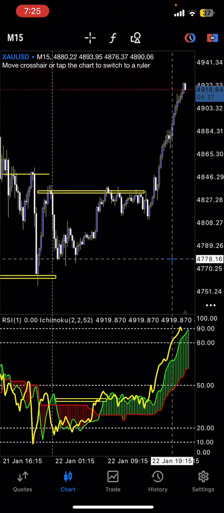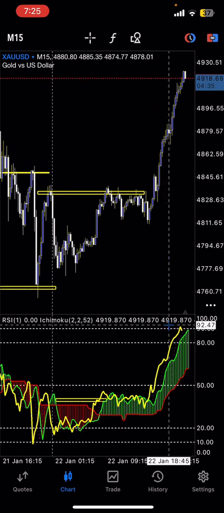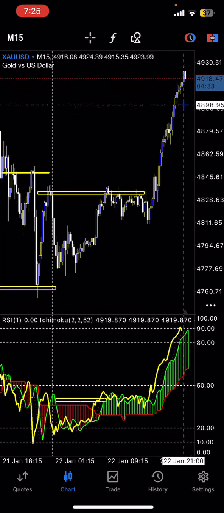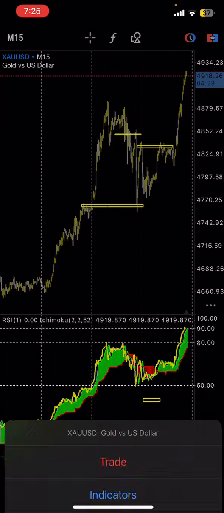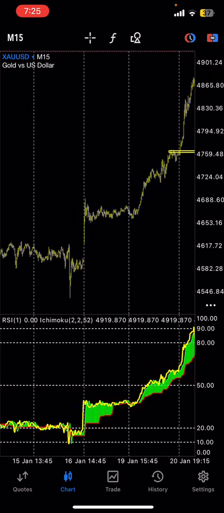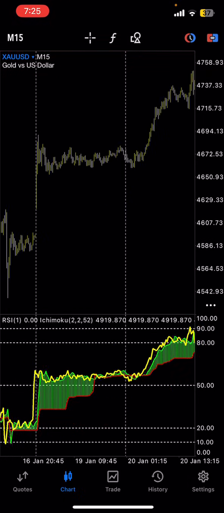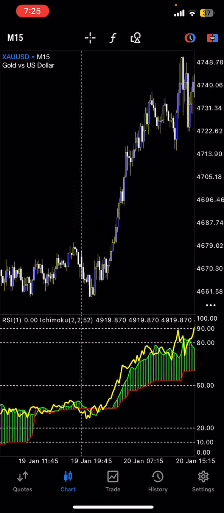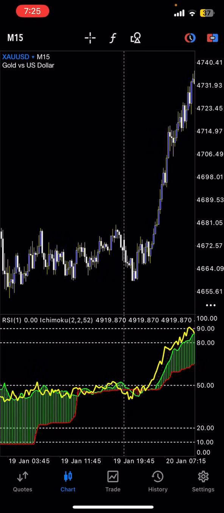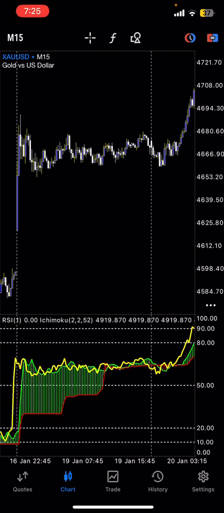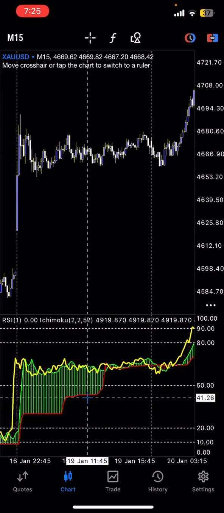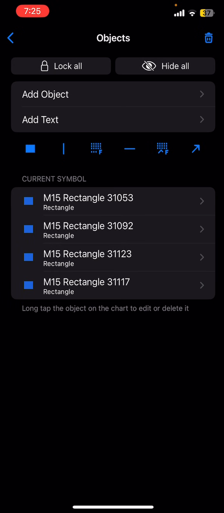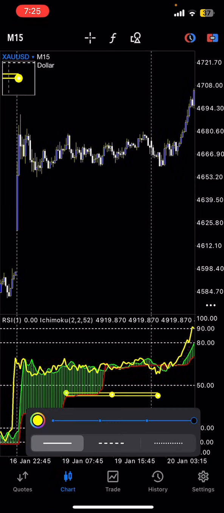Now price is at the overbought area, so we're gonna wait for reasons to sell, but price is at an all-time high. But if you look, I'm gonna zoom in again, 1, 2. So if you look here again, same thing, price was moving sideways, but it was never breaking the support level. So this is the support level.